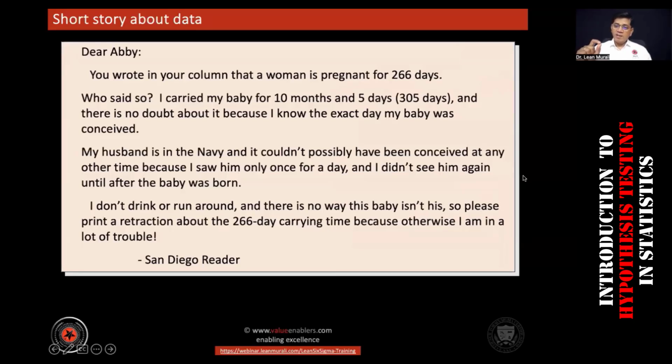From that day to the time I delivered the baby, I've not met any other guy. It took me 305 days to deliver a baby. How can you say it is 266? Otherwise, people will start doubting me that I've gone with some other guy, because they know when my husband came. If this is clear, type SC, super clear, in the chat box.